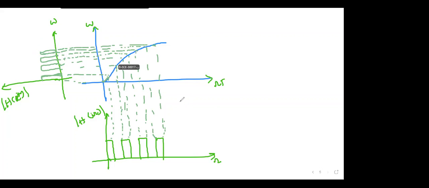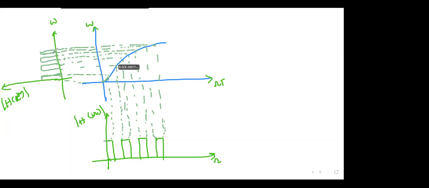What is the observation from this? The analog filter magnitude and the width of each band is uniform. But here, after converting into the digital domain through this bilinear transformation, the magnitude is the same, okay, but see the bandwidth is reducing. At high frequencies, the bandwidth is narrowed. Correct?